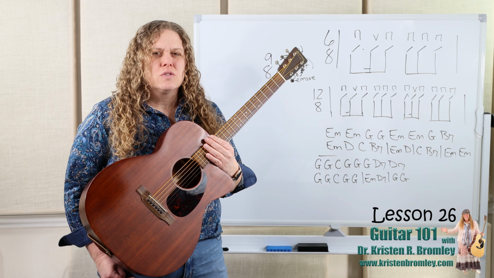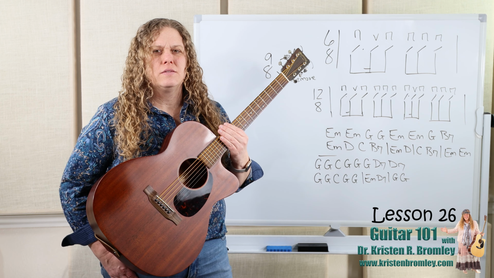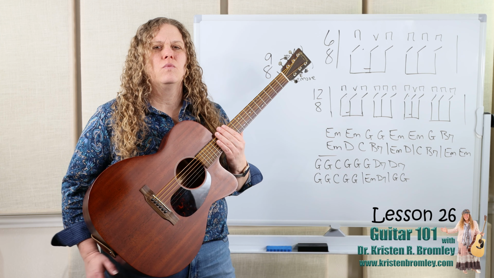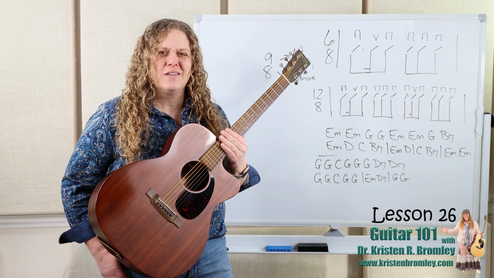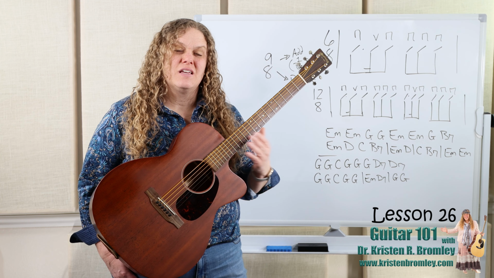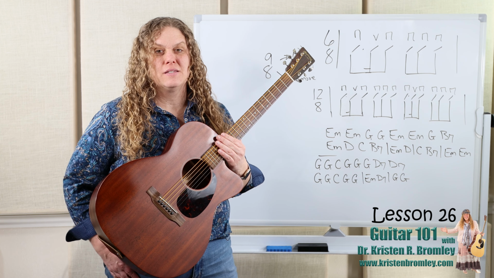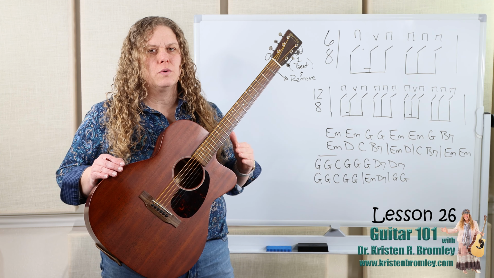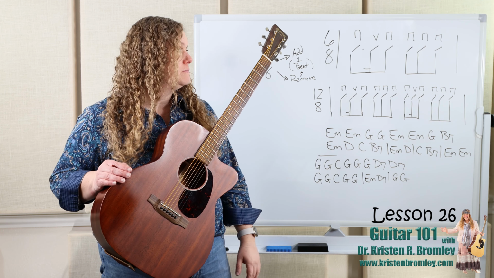In 12/8 time we're going to have 1 and a 2 and a 3 and a 4, in 9/8 time 1 and a 2 and a 3, and in 6/8 time 1 and a 2 and a. So it's a tripletized feel, so to speak, instead of everything divided by two.